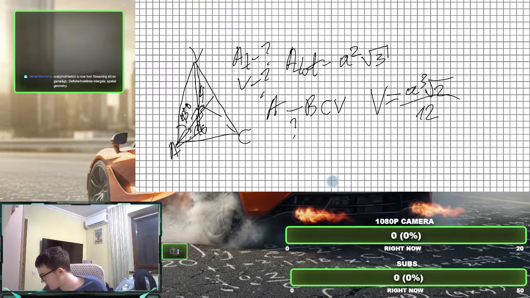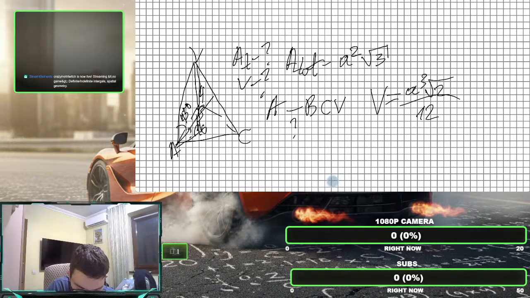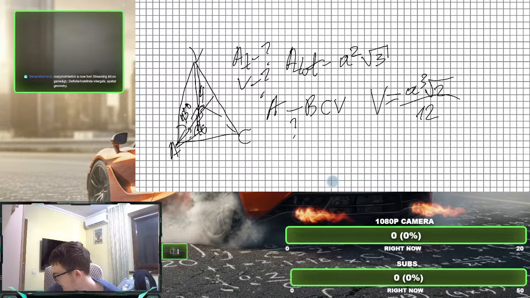Cos of an angle is equal to that and this. Hold up. I can do it like this, right? I have a 4. I have that. Hold up.